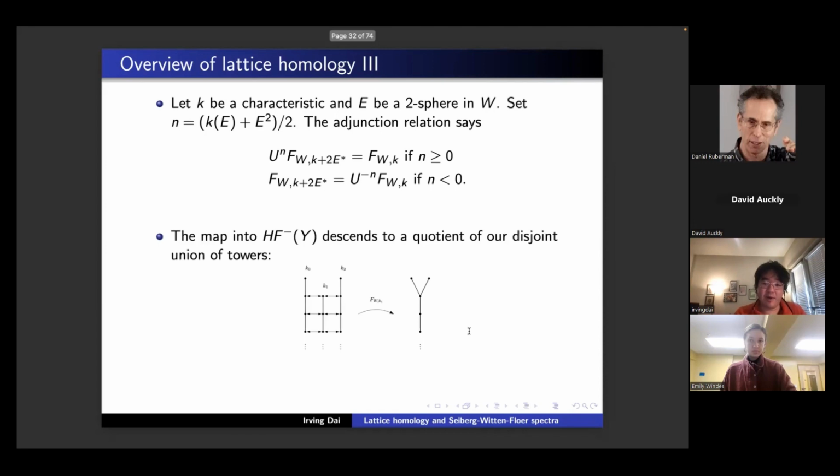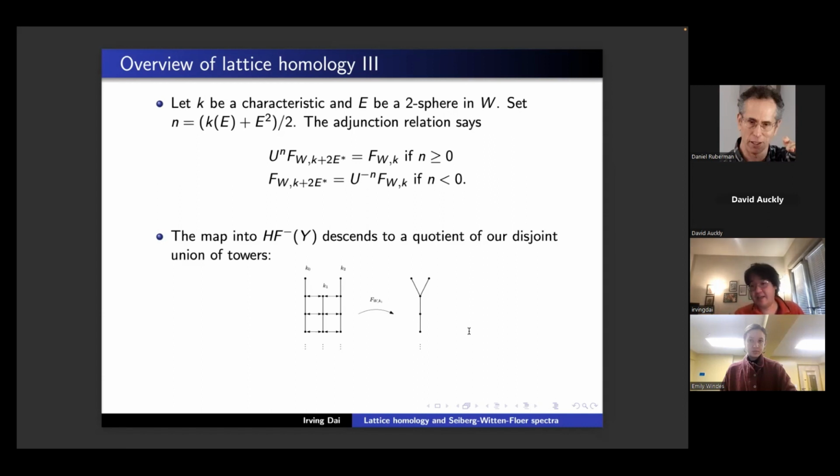What does that mean? It means that the map from the disjoint union of these towers into HF minus of Y descends to a quotient of these towers. I know that the images of these towers have to overlap in HF minus of Y, so in the domain I quotient out by the relations that I know have to exist because of the adjunction relations.